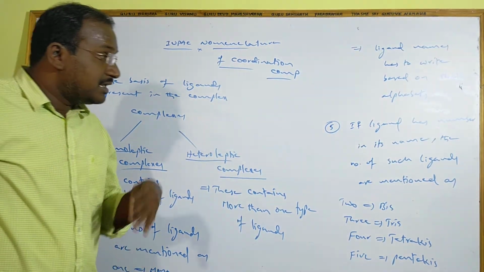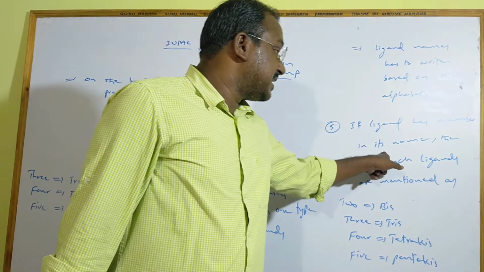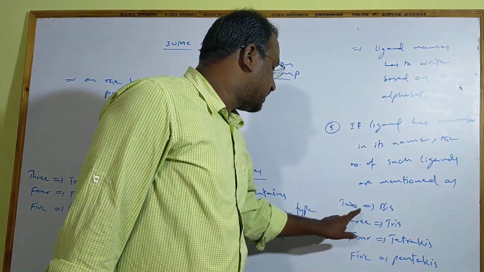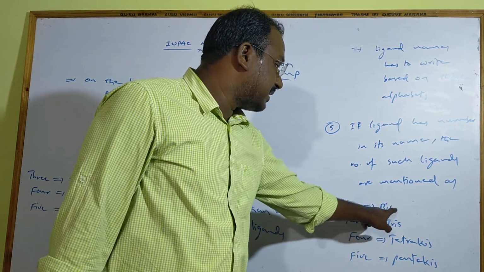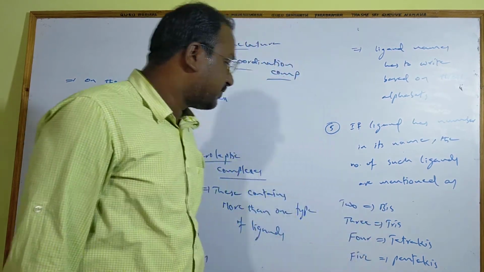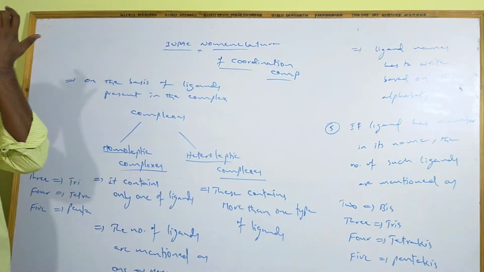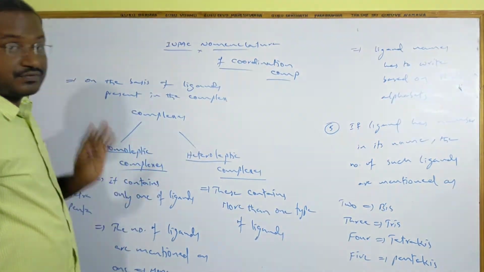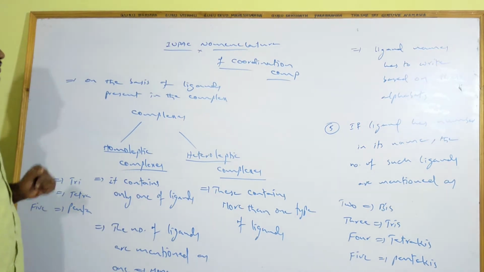If the ligand itself has a number in its name, such ligand counts are compulsorily mentioned as bis, tris, tetrakis, pentakis. These are the rules, the fifth rule in IUPAC.